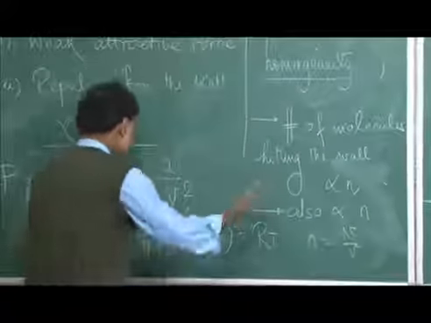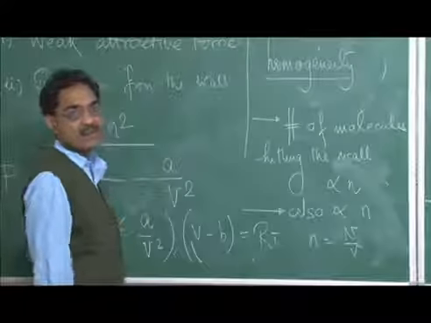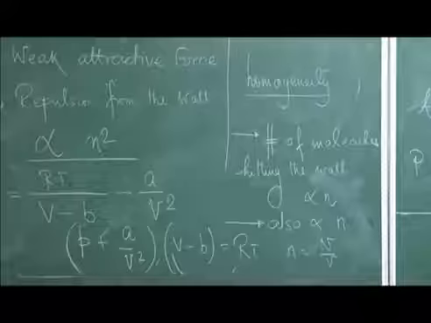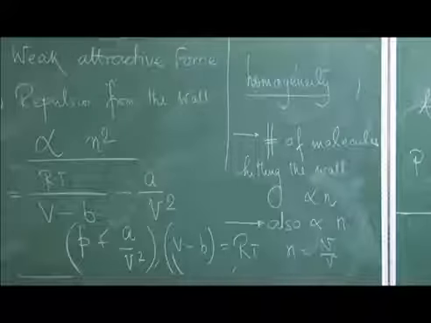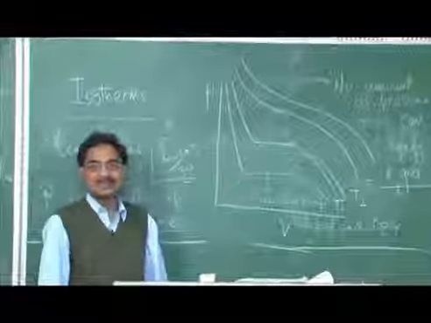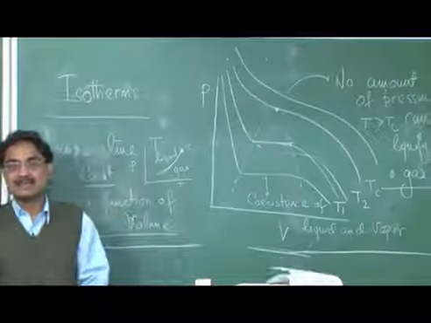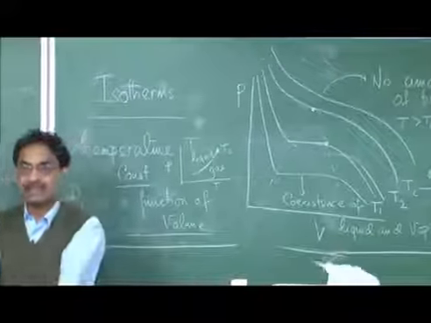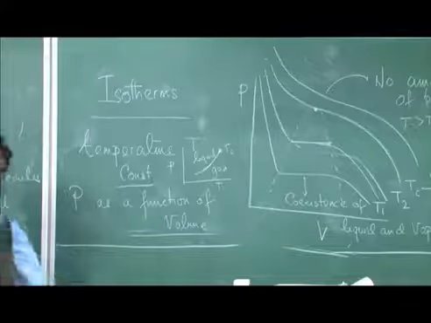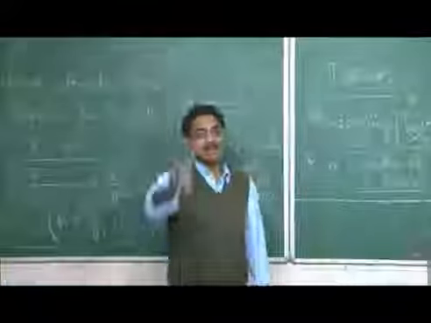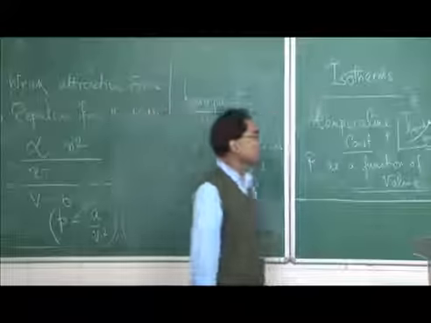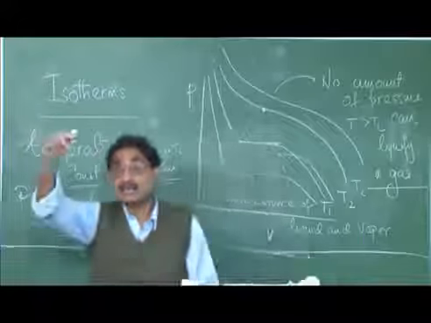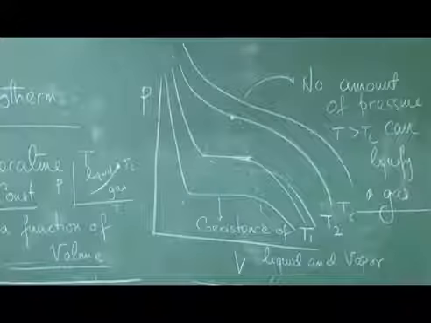Fine, that leads us phenomenologically to the van der Waals equation which I have written here for 1 mole of real gas. If I plot van der Waals isotherms, this tells us nicely that there could be a phase transition either by changing temperature or changing pressure, but there is a critical temperature above which no amount of pressure can liquefy a gas if I am at temperature T greater than Tc.